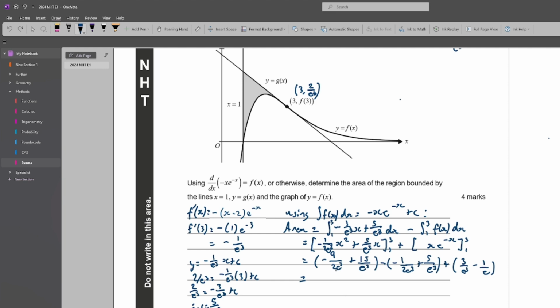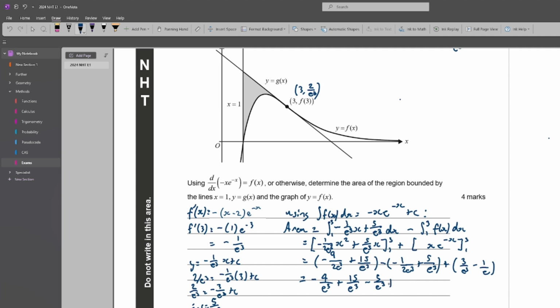Okay, we've got negative 9 on 2e cubed, and then minus 1 on 2e cubed, that's a plus, that's minus 8 on 2e cubed, which becomes minus 4 on e cubed. Plus 15 on e cubed. Plus, we've taken care of that, so minus 5 on e cubed.